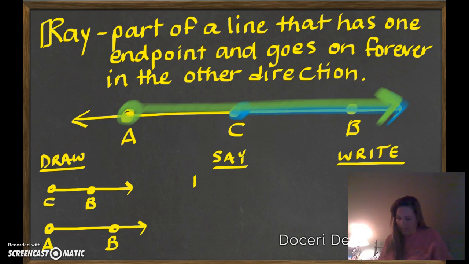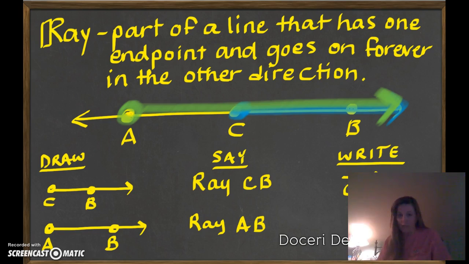And I would just say ray CB, starting with the endpoint and then the direction it's going, or ray AB. And when we write these, it's similar to the way we write a line or a line segment. It's like a combination of a line and a line segment. That's the symbol for a ray.